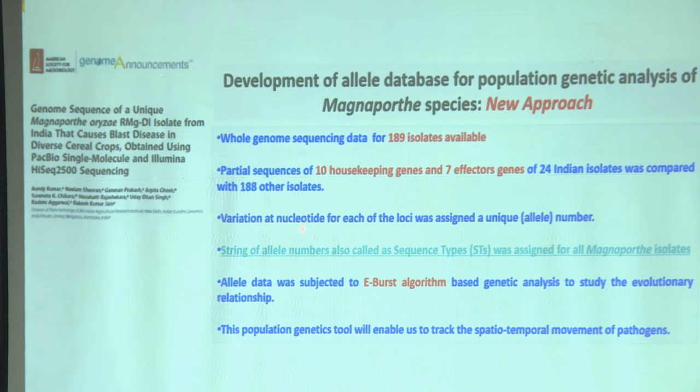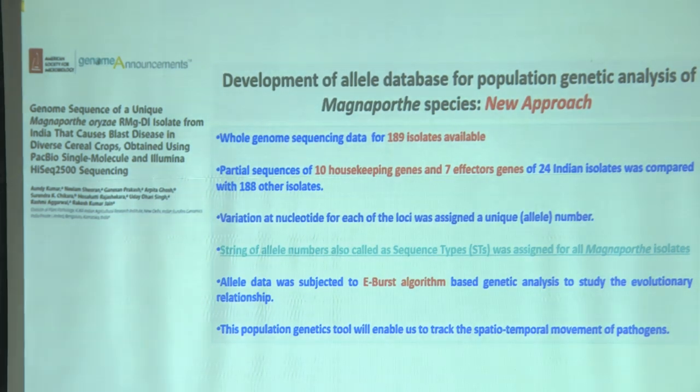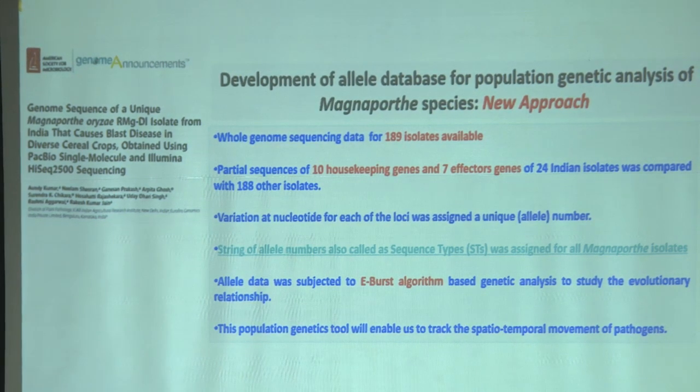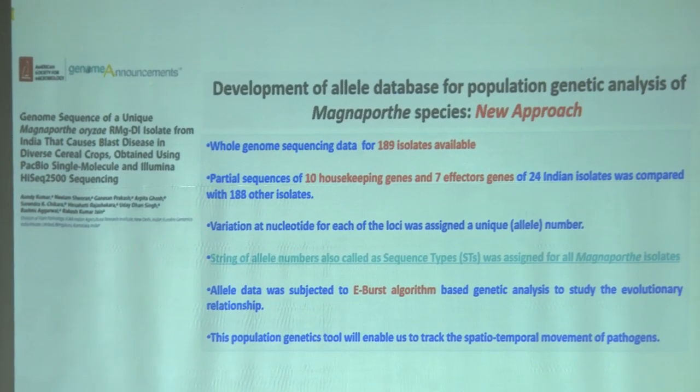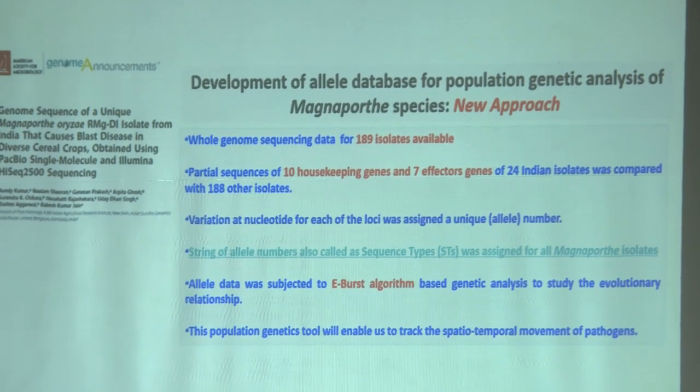Now, what you do? Variation at nucleotide for each of the loci was assigned unique allele number, the way I explained in the previous slide. So, prior to that, you generate the sequence information of the test isolates what you handle in your laboratory. So, we handled around 24 isolates, right. They were collected from a specific single field representing different tissues, right.